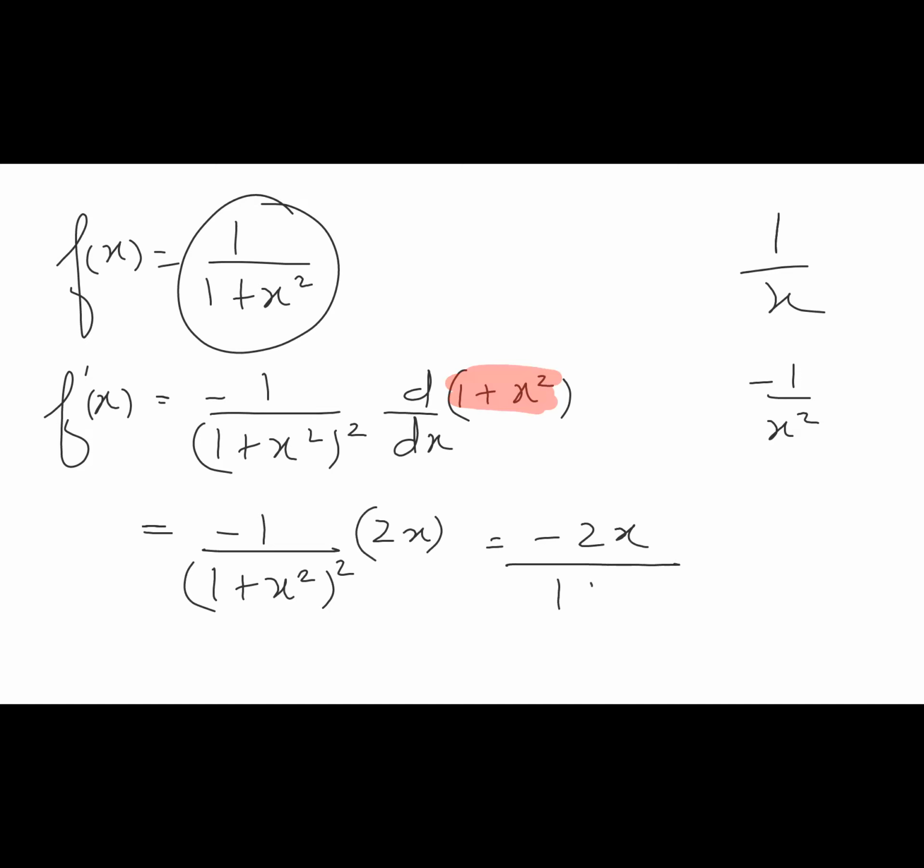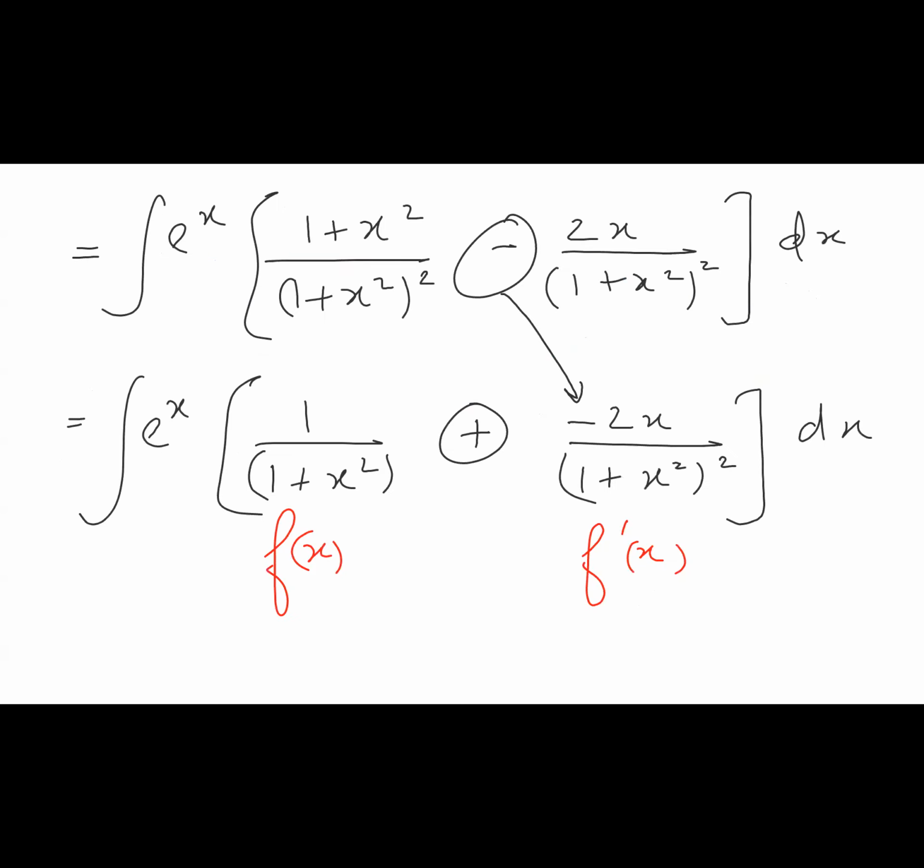So minus 2x upon 1 plus x square the whole square. See, here I did a chain rule. x got replaced with 1 plus x square, so we take the derivative of it. So hence I just proved why the first term is f of x and the second term is f dash x. Okay.